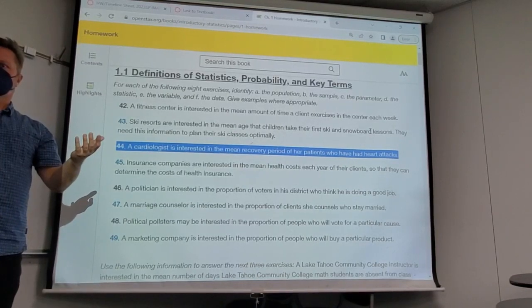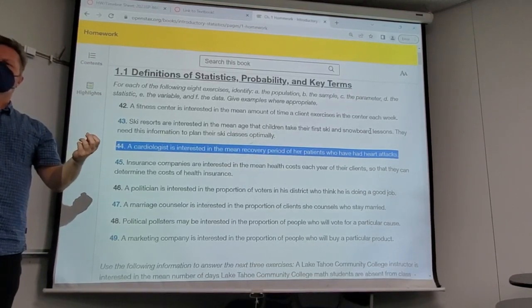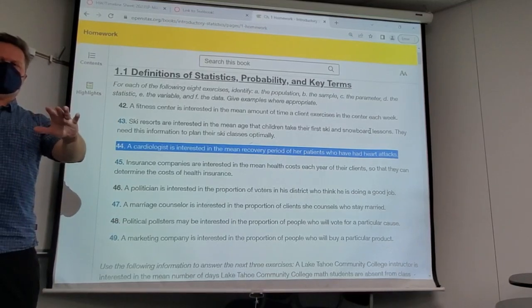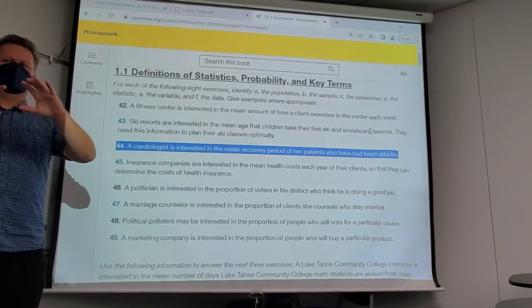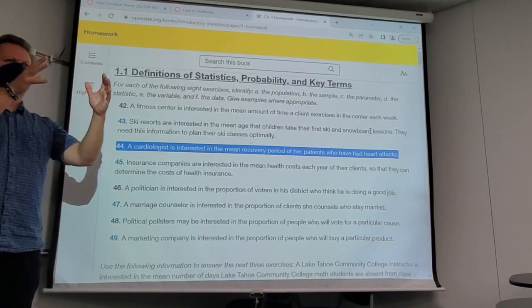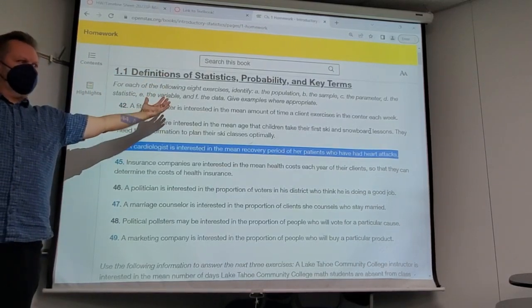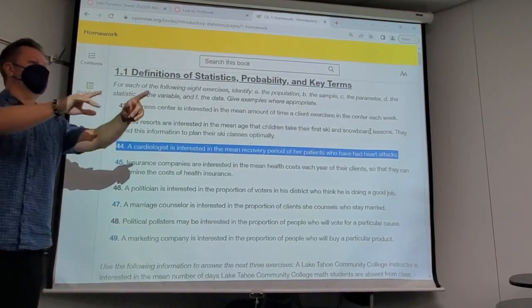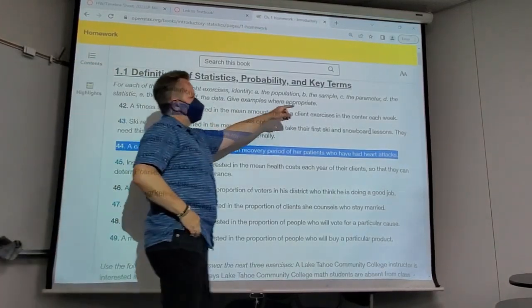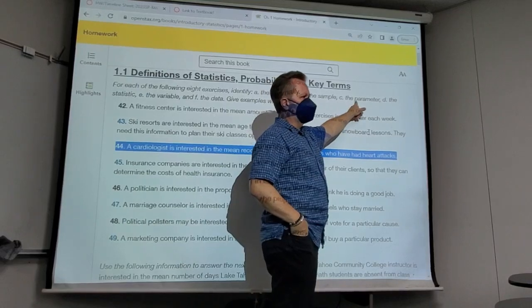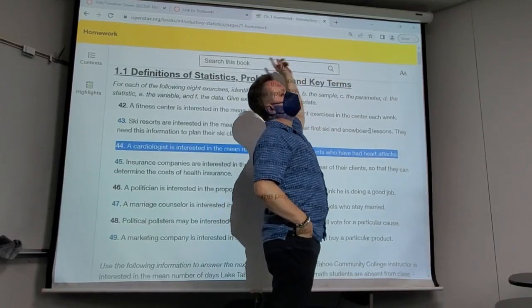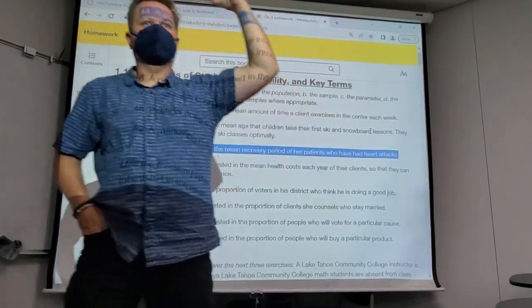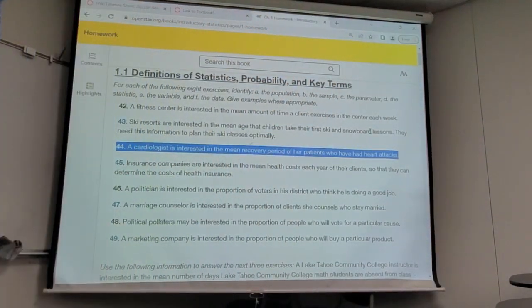One describes the population, and the other one describes the sample. Thankfully, the word that starts with a P describes the population, and the word that starts with an S describes the sample. That's almost too nice to believe.